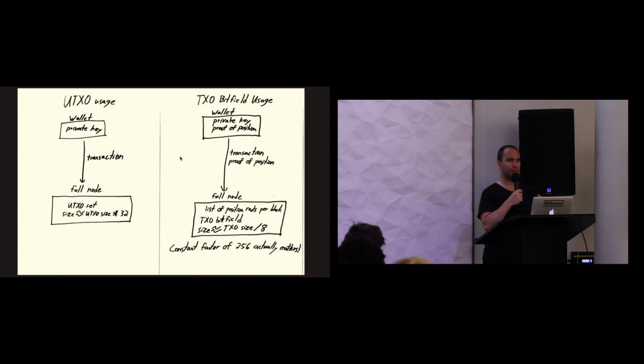I want a wallet to be able to come back to life after years of being deactivated and still be able to make functional transactions. And by making it so that proofs of position never change after a few blocks, basically after you're past the reorg period, that keeps that property. So it makes wallets really brain dead simple to write and to have function.